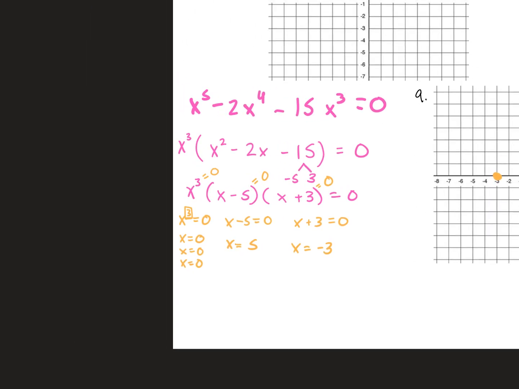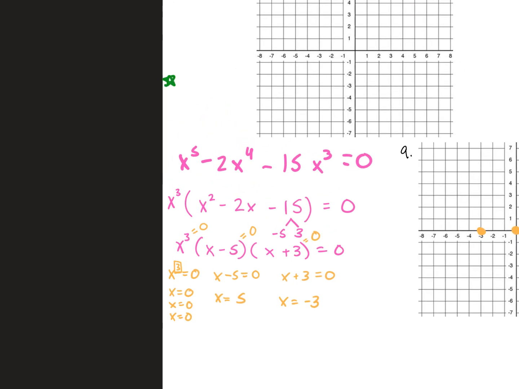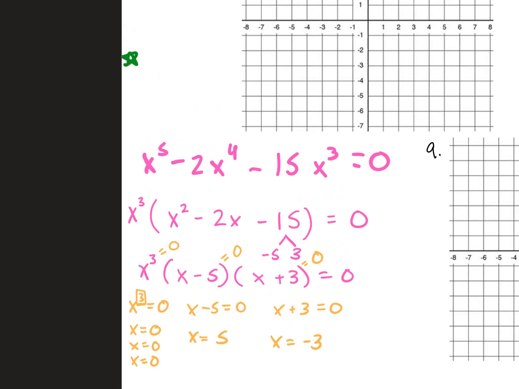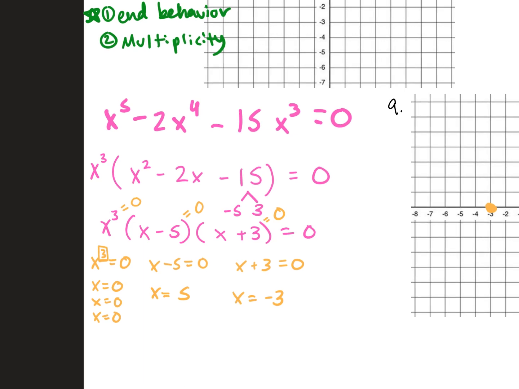So in addition to finding our zeros, there's 2 things that we need to find. We need to determine our end behavior, and we need to determine the multiplicity. So let's talk about our end behavior first.